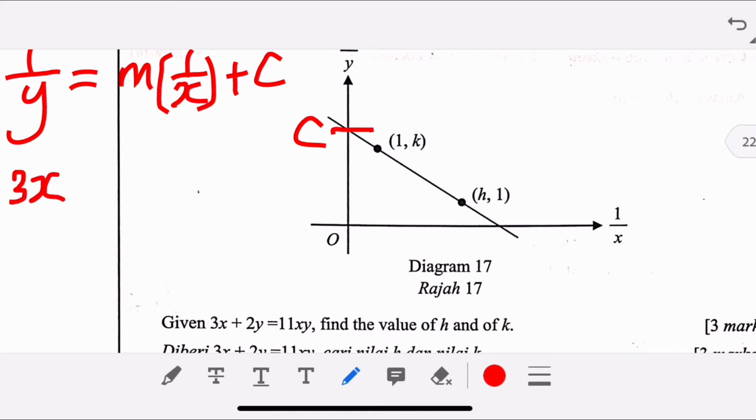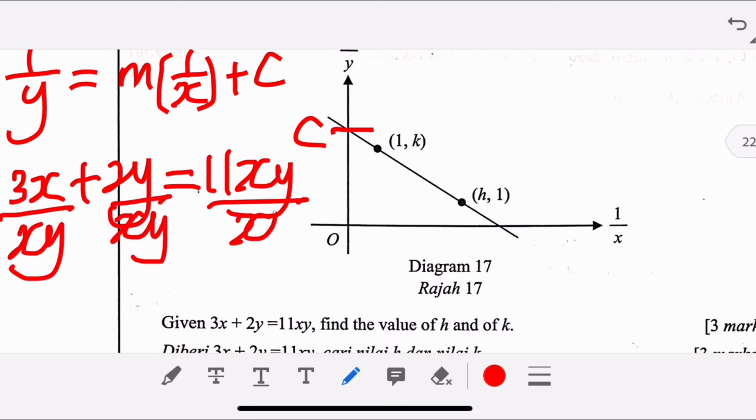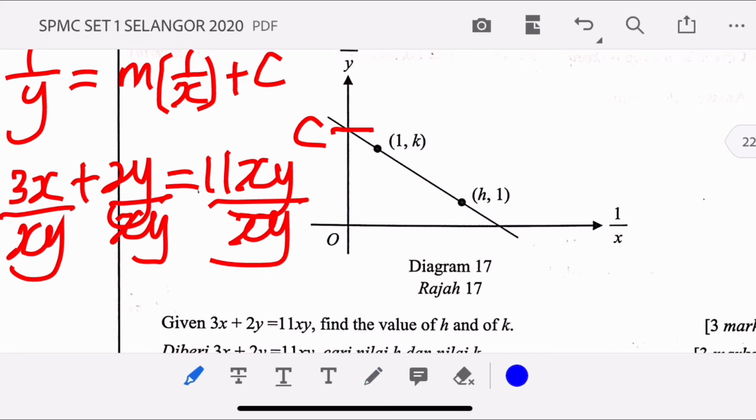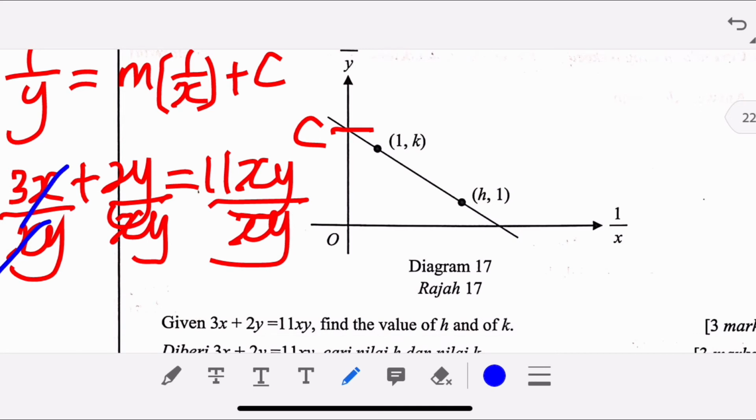3x plus 2y is equal to 11xy. So now I'm going to divide by xy so that I can see something over y. So immediately when I divide, I can cancel out the x, I can cancel out the y, I can cancel out the xy.